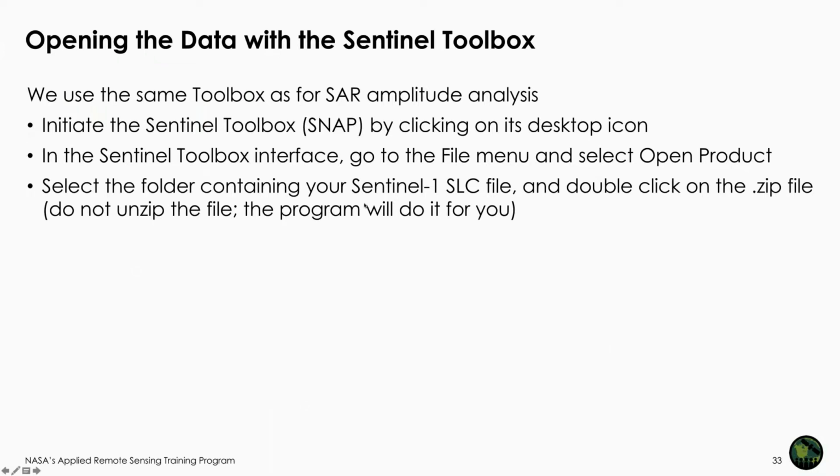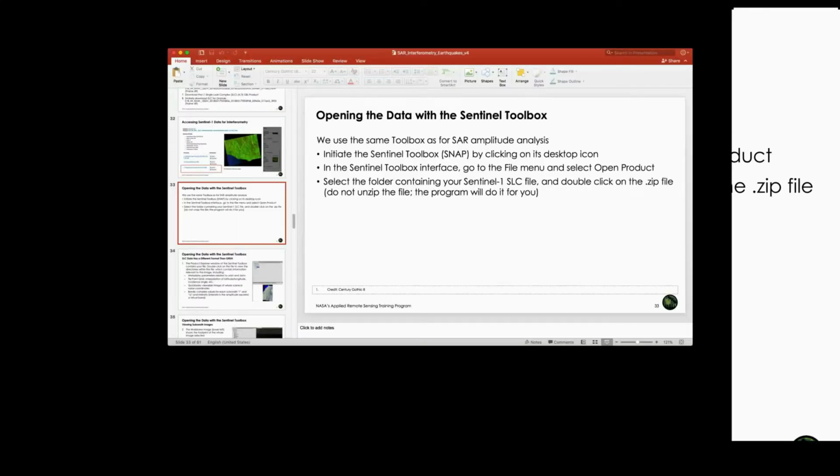So you start it by however you start it, clicking on the desktop. And so then you go to open product, and then you can open the SLC image. So let's go ahead and start doing that.